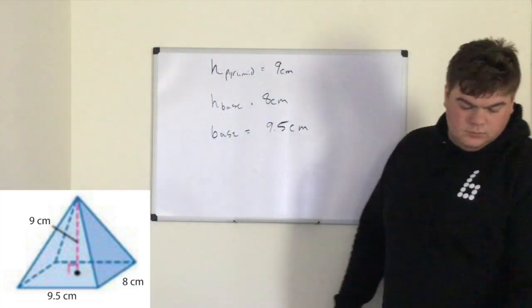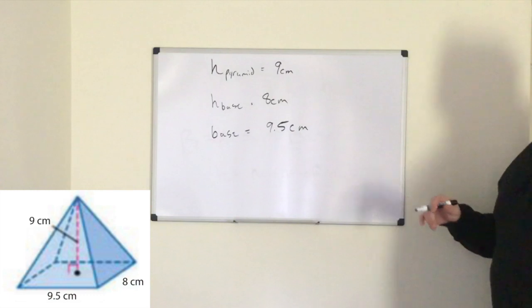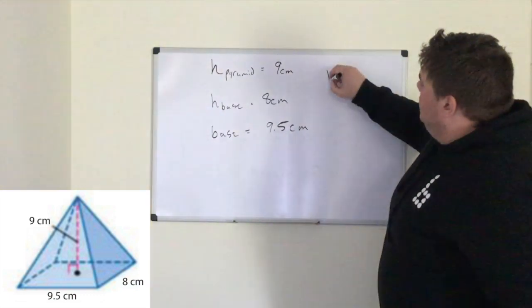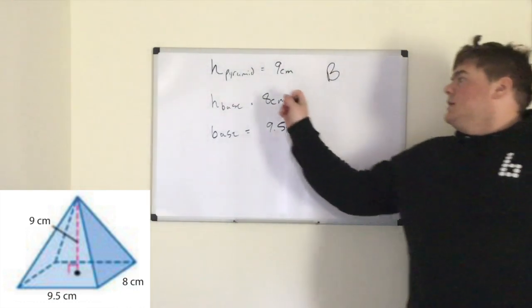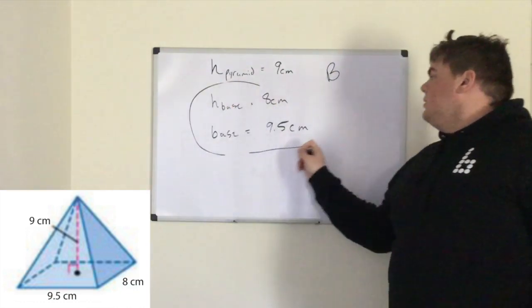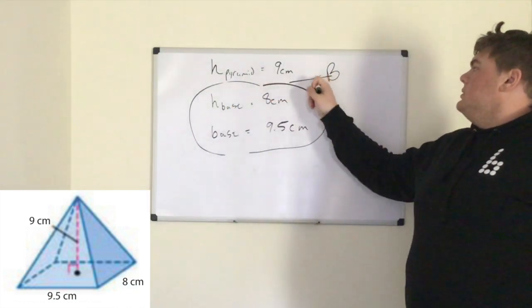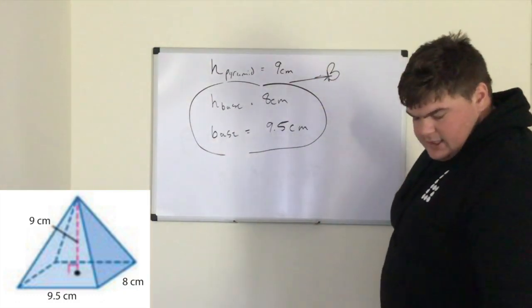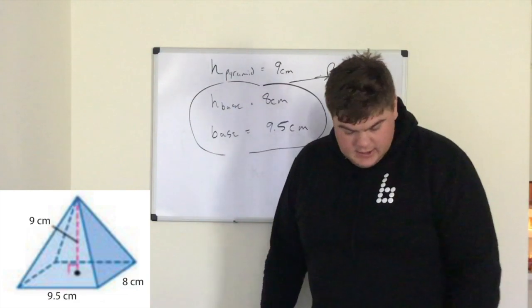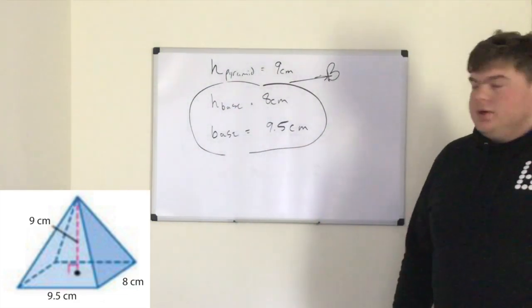centimeters. So what we want to do with this information is first we need to find that capital B. The capital B is going to deal with only base measurements. So we want to find the area of the base. In this case, the area of our base is somewhat rectangular.